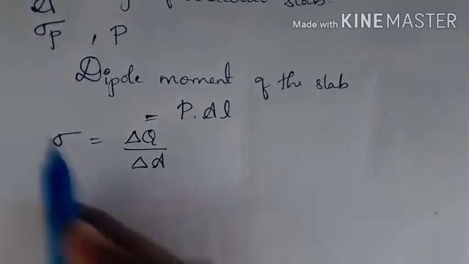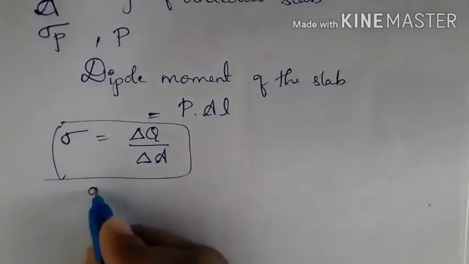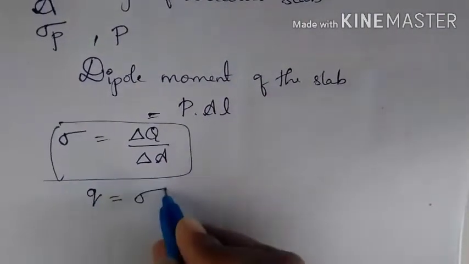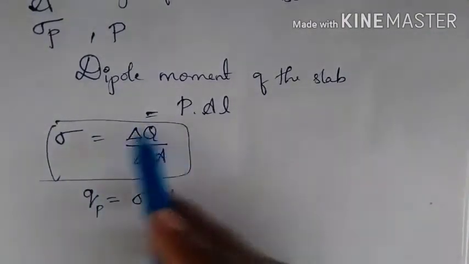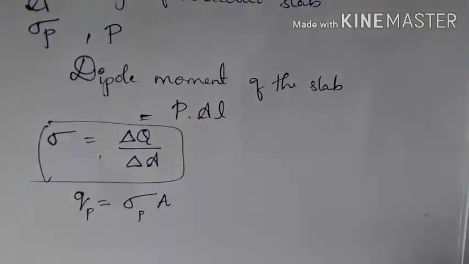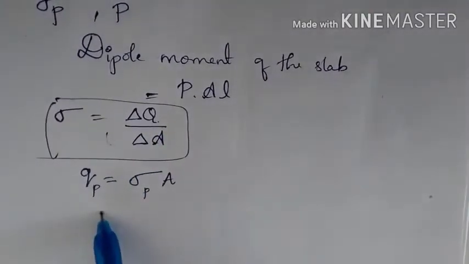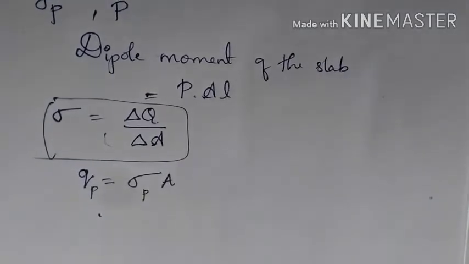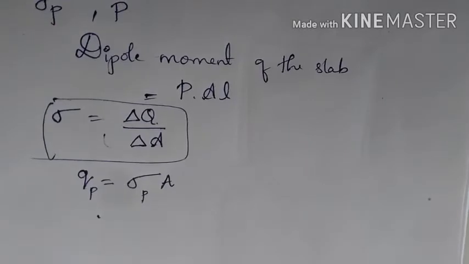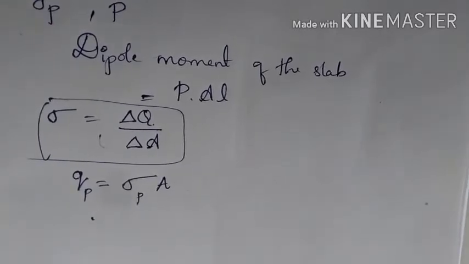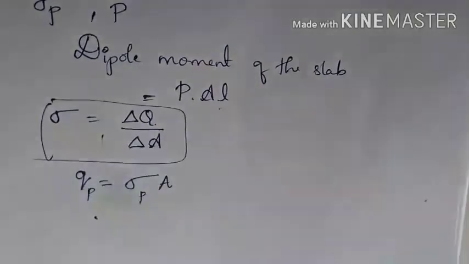So we are using that concept here. From this equation I can write Q equals sigma A. So this is the slab as a single large dipole with surface charges Qp equals sigma p A, separated by distance L.